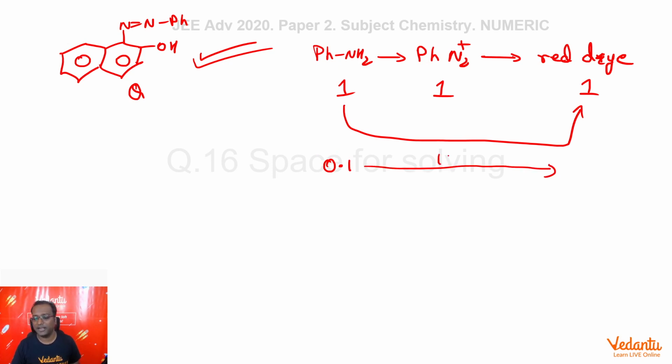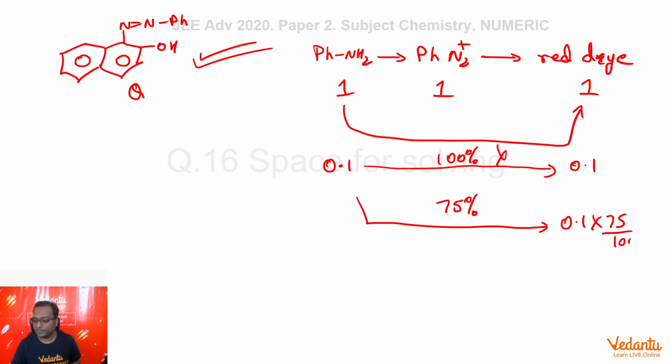So with 100% yield, the product formed should be 0.1. But we know that this is not 100%. We know that the yield given is 75%. So how much product will be formed? 75% of the reactant. Right? So therefore, the number of moles of Q formed is 0.1 into 75 by 100, right?